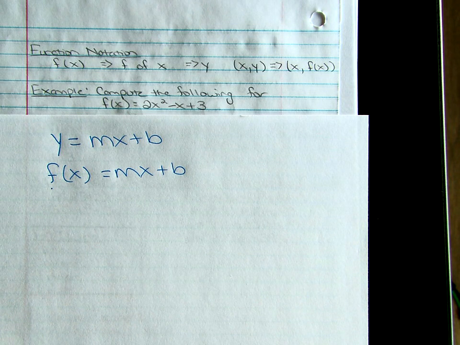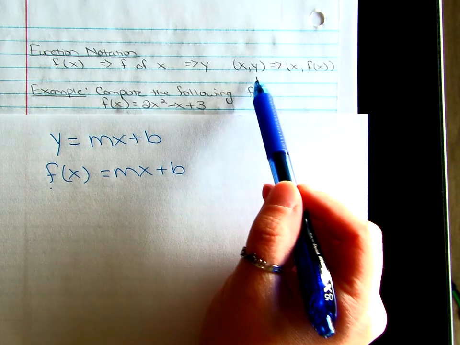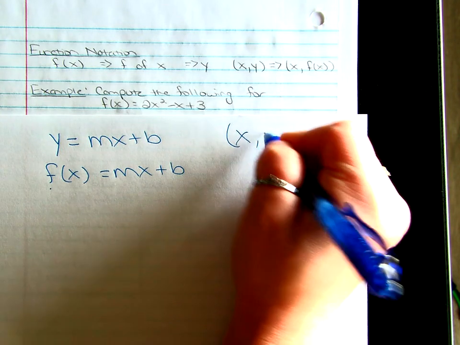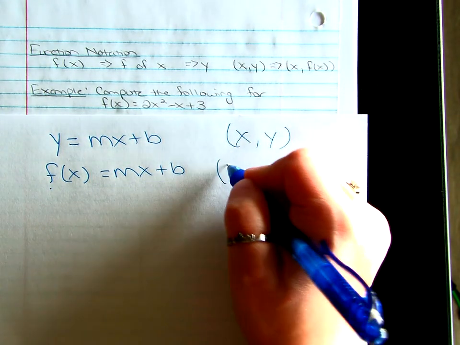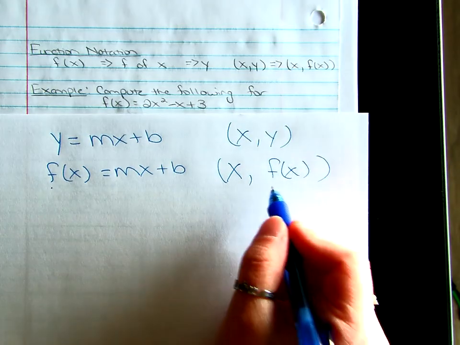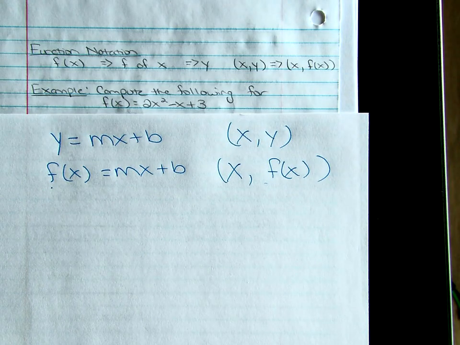So note over here that when we talk about ordered pairs, instead of talking about x's and y's, we're going to talk about x values and then the output that we got when we plugged that value into our function, or f of x. Again, it means the same thing, though. If you see f of x, think about you're trying to find the y value.